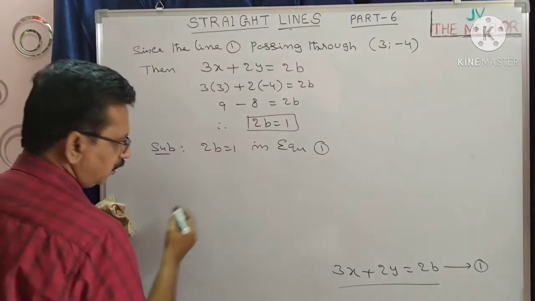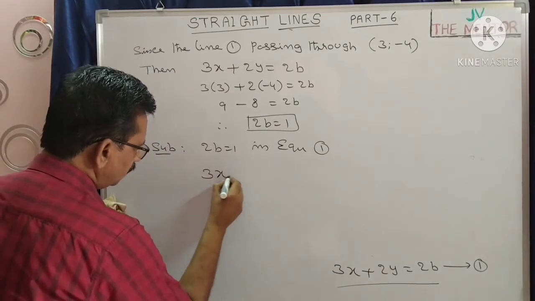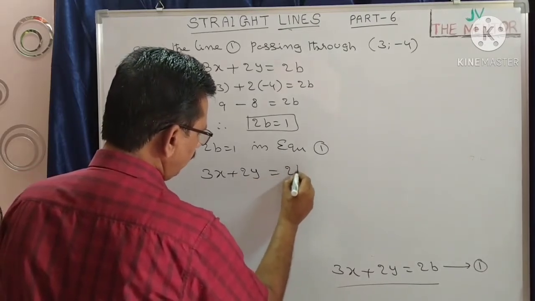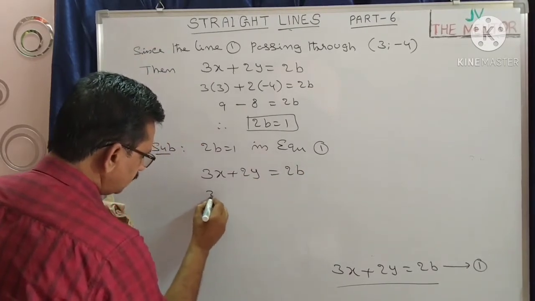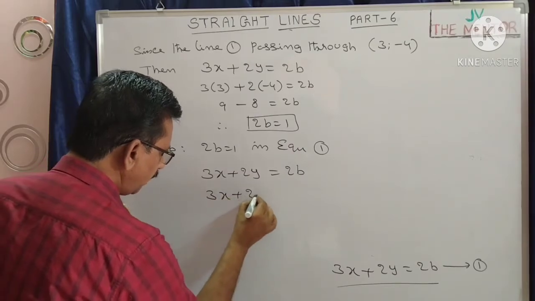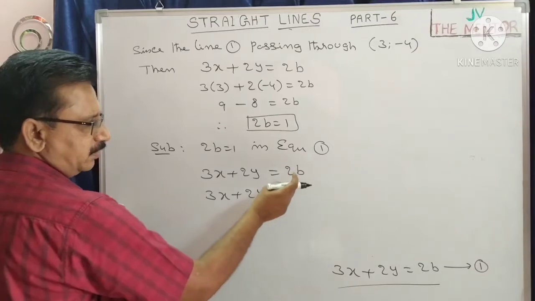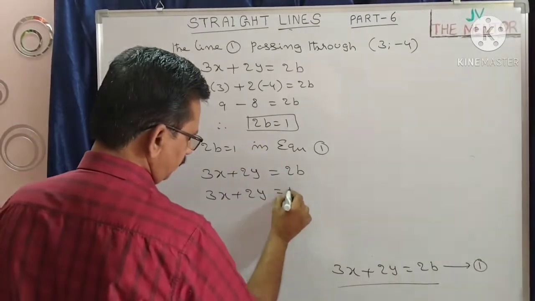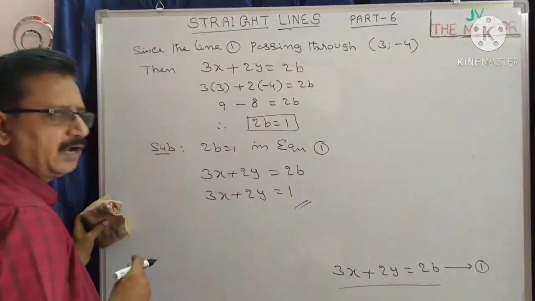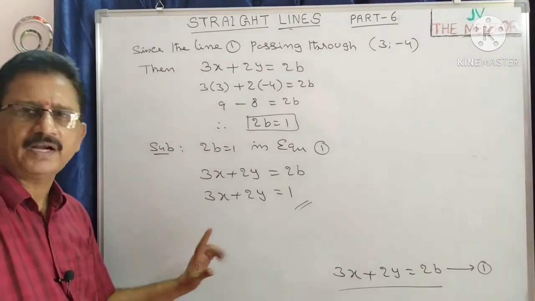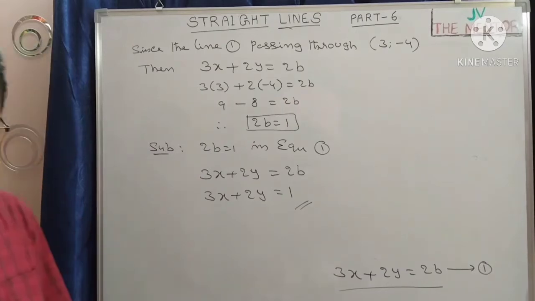What is the equation 1? 3x plus 2y equal to 2b. That means 3x plus 2y equal to, now substitute the value of 2b in equation 1, 1. రాసేయండి. So this is our required equation. This is the equation of our required line. Okay, no? Write down.